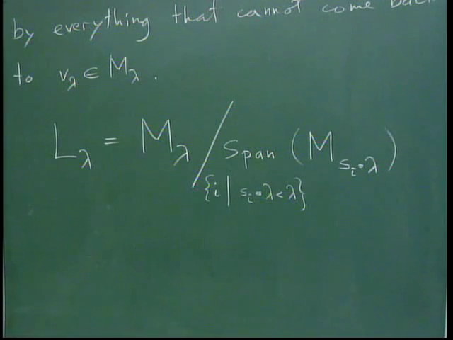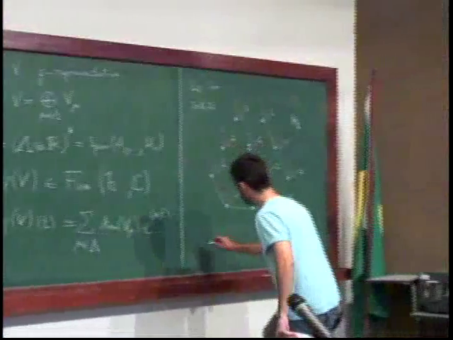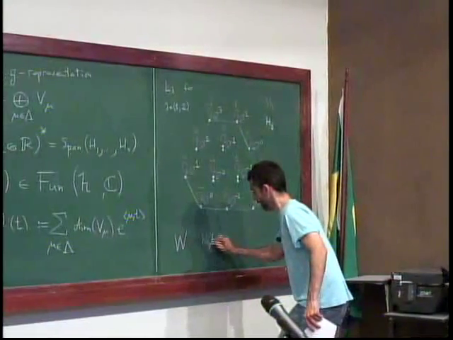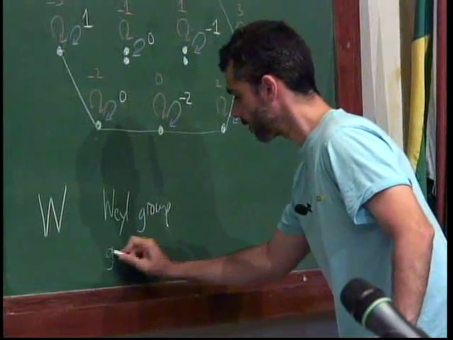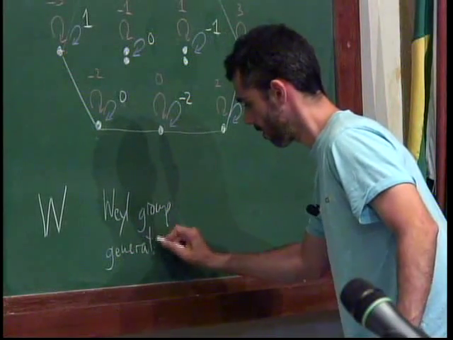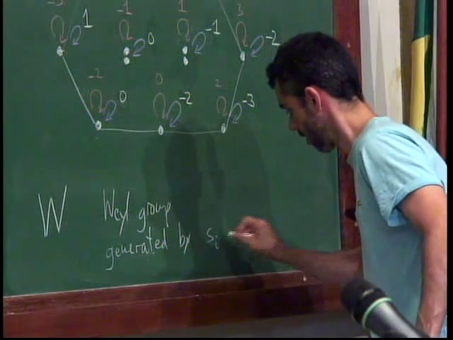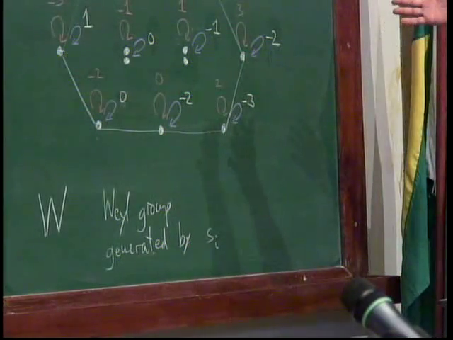I didn't introduce an important concept, which is the concept of Weyl group. The Weyl group W is the group generated by these reflections Si. It's the group of symmetries of this picture.